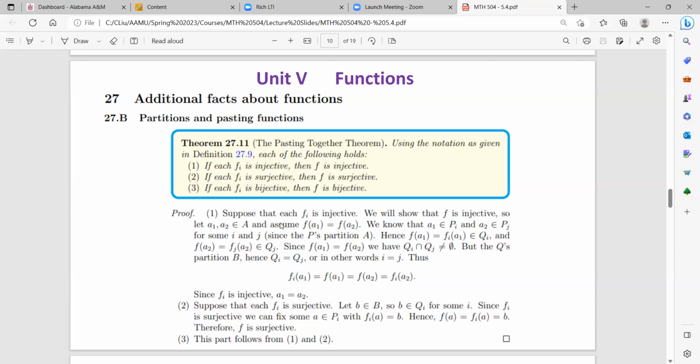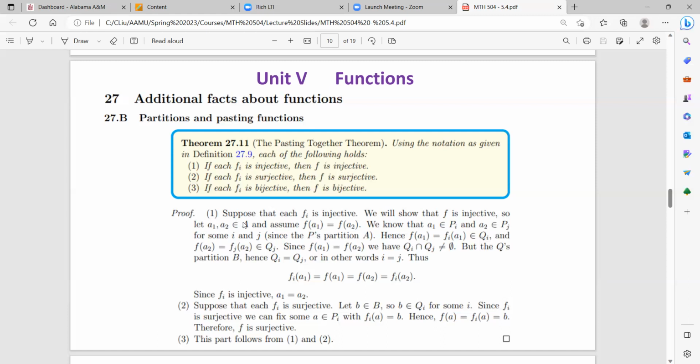Because this large domain A is pasted from the subsets P1, P2, P3, or Pi, whatever, any element in the large domain must be from a specific subset of it, one of the Pi, and only one of the Pi, because those Pi are disjoint.